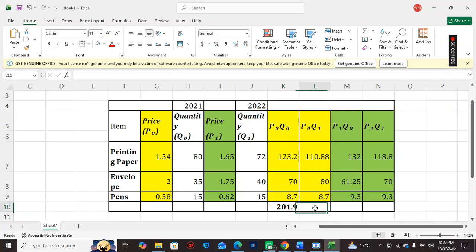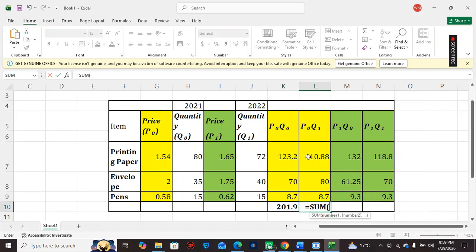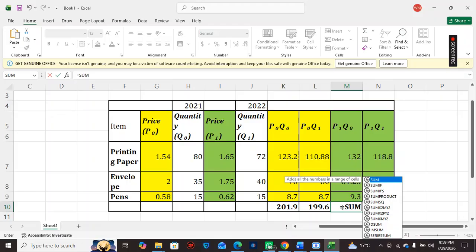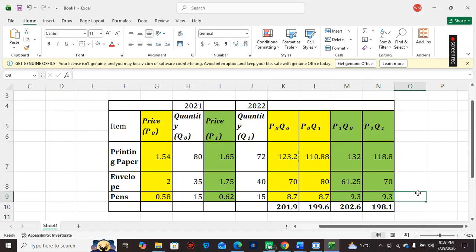We get this total here. We add here. We get the total there. We get the totals for each column so that we can now calculate these price indices.